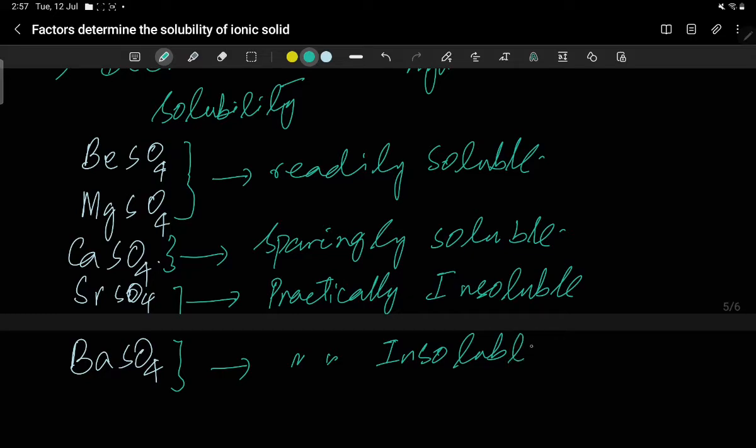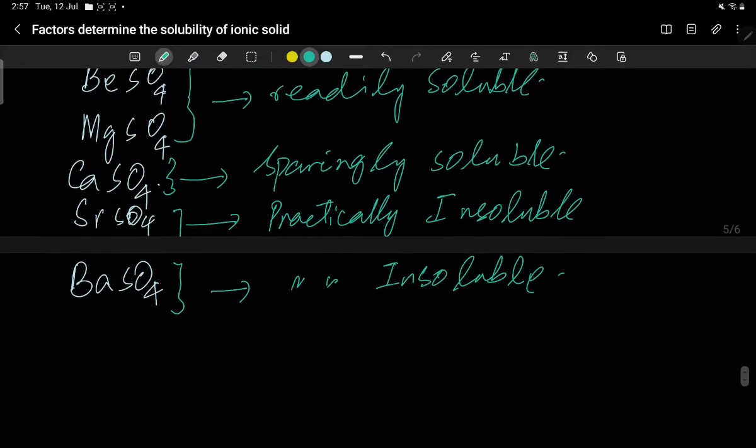So this is the trend of the solubility of sulfates down the group.